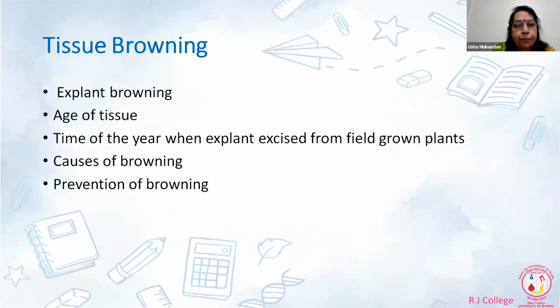So normally, if it is young plant material, then the amount of exudates which will be liberated are comparatively less as compared to if you take an explant from older plants. Second factor is time of the year. It is not that throughout the year secondary metabolites are accumulated equally; it depends on the time of the year.